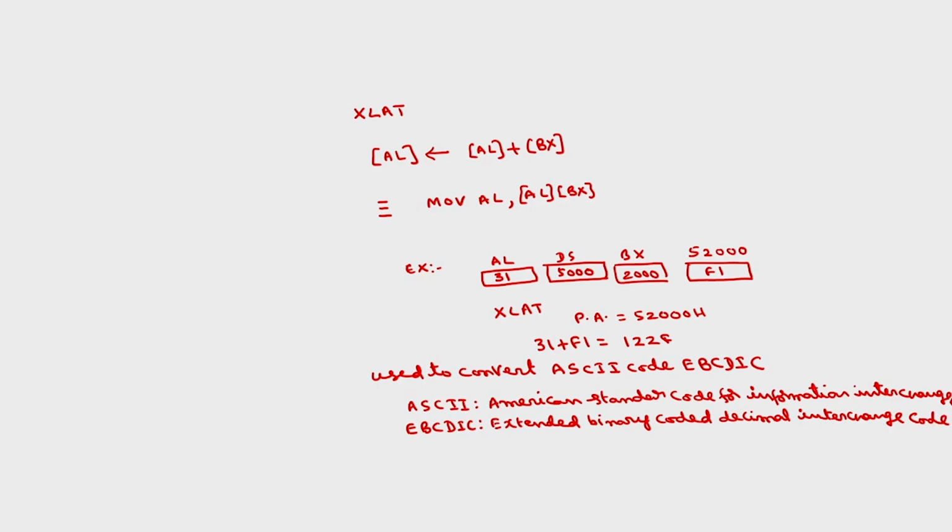Among the various codes, these two, ASCII and EBCDIC, are famous codes.